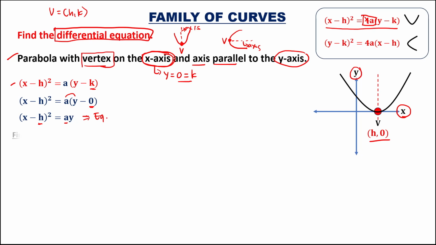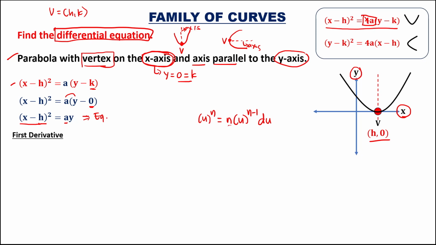So first, find the first derivative from this equation. So the derivative of this quantity x minus h to the power 2, using the general power rule, the derivative of u to the power n is n times u to the power n minus 1 times the derivative of u.